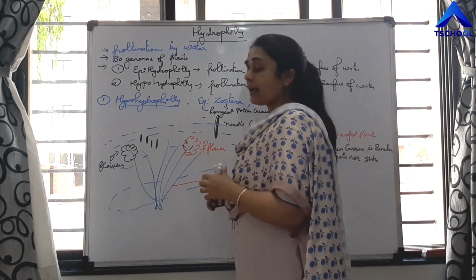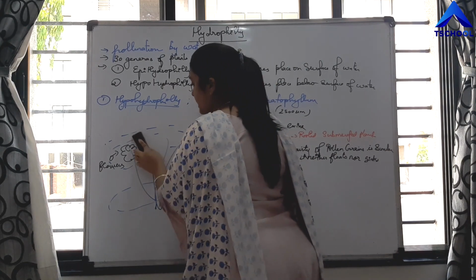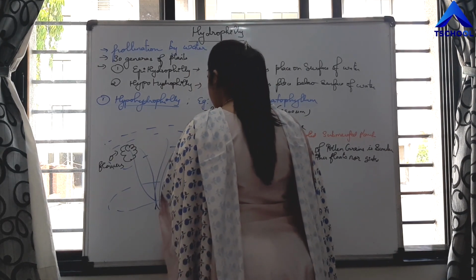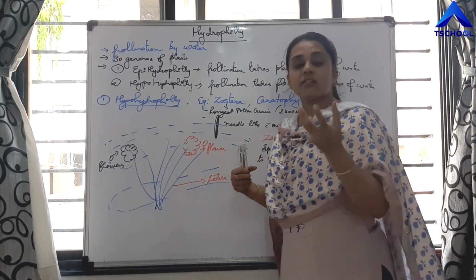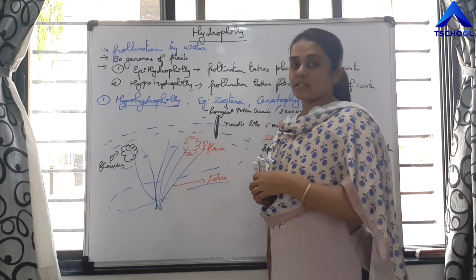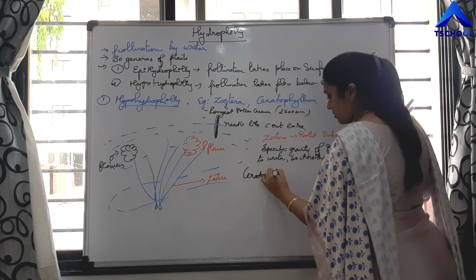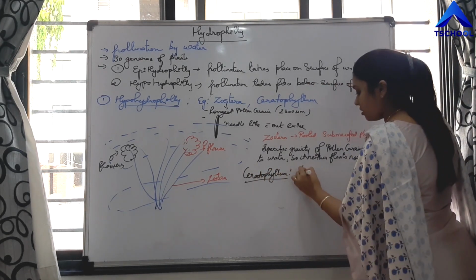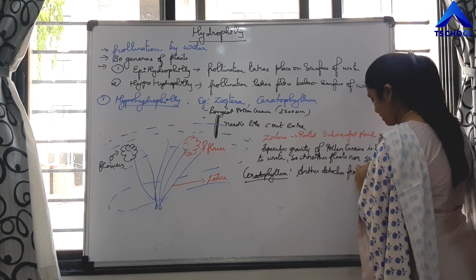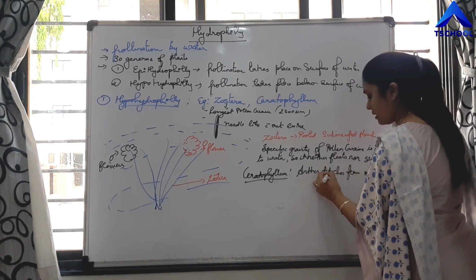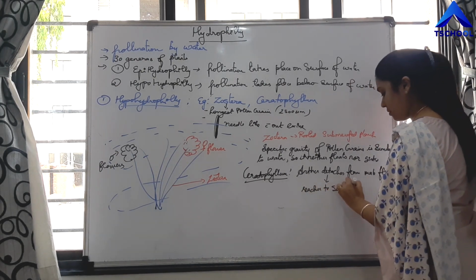Ceratophyllum. What happens in Ceratophyllum? Say this is a plant of Ceratophyllum. Again, Ceratophyllum is a dioecious plant, which means there will be male flowers present in clusters and female flowers also present in clusters. The anther detaches from the male flower and reaches the surface of water.